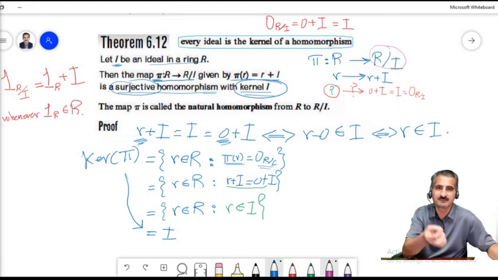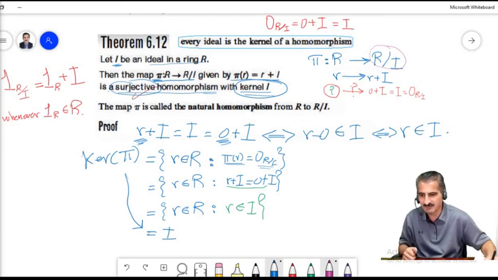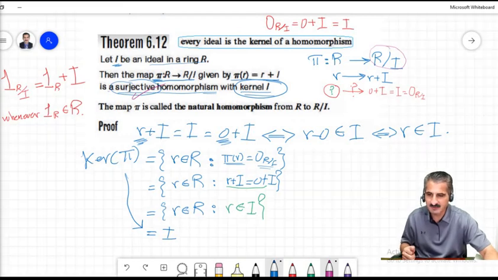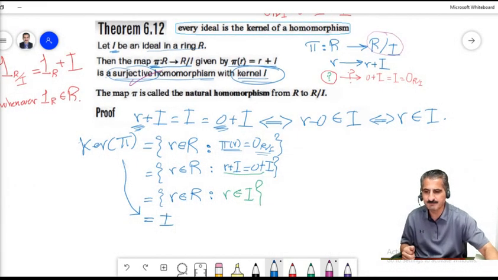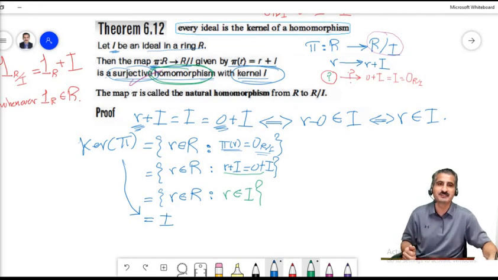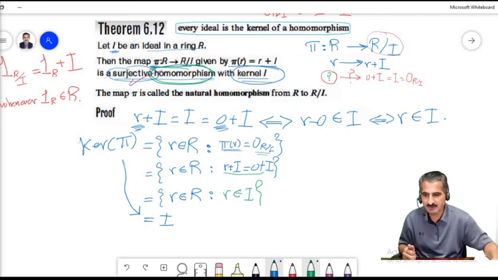So take the image of that element with pi and it gives you back that coset. So I will leave it for you to write. It is simple or obvious. And what about a homomorphism? Yes, it is a homomorphism, because that depends on the definition of multiplication and addition of cosets. So I will let you write it on your own.